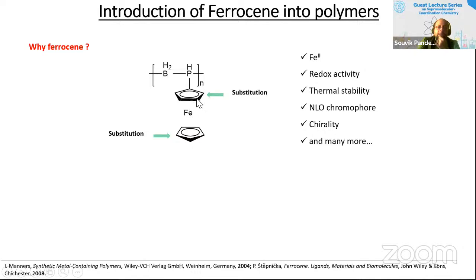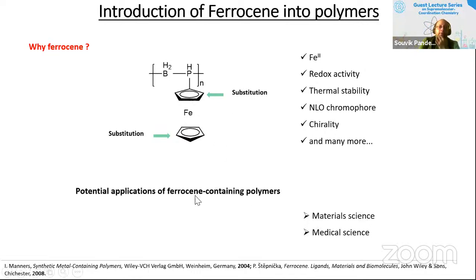In this cyclopentadiene plane, if I attach two different groups, here one P, and if I attach to here with some other carbon, then this compound will become chiral. This is called planar chirality, and we can introduce planar chirality by introducing a different group here. And how this is measured, how we can say R or S, I will also show you in future slides.